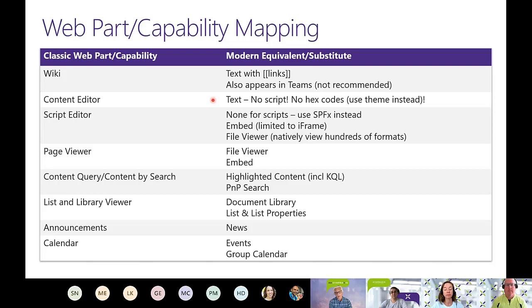That JSON, JavaScript object notation, actually represents data. So we're using a data structure in order to drop functionality into column formatting or view formatting. So that's not scripting either. I mean, when we say script, we're really talking about JavaScript in this case.